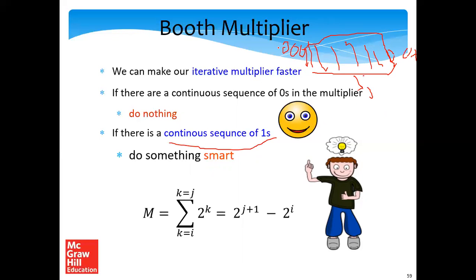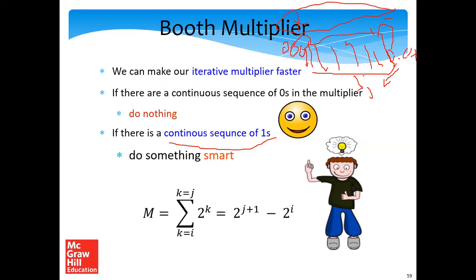But in the Booth multiplier, according to Booth, when we switch from 0 to 1, we simply negate here, or when we switch again from 1 to 0, then we simply add here. This is the simple concept of both algorithms.